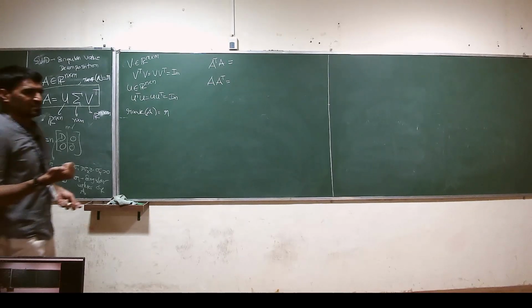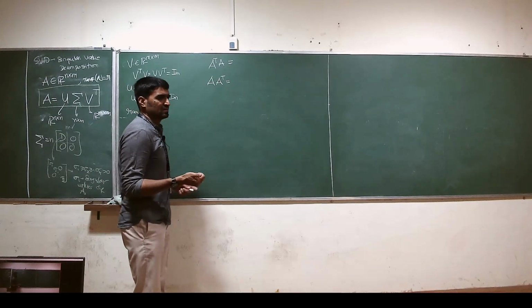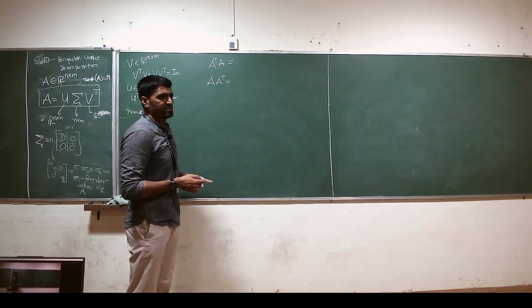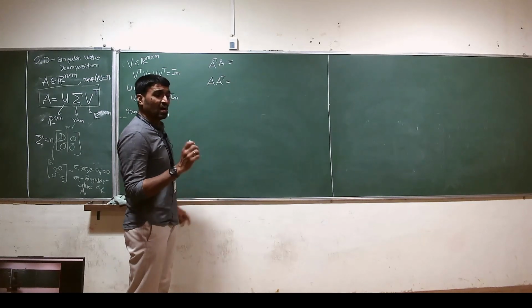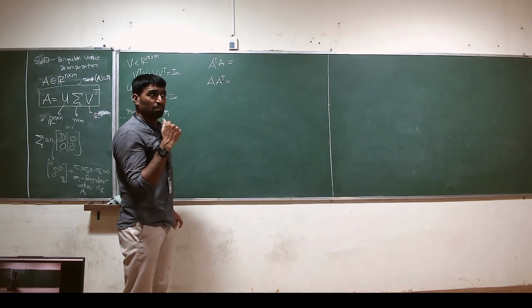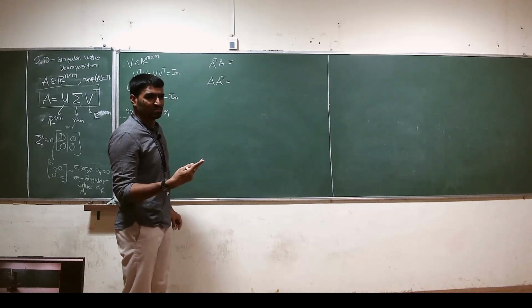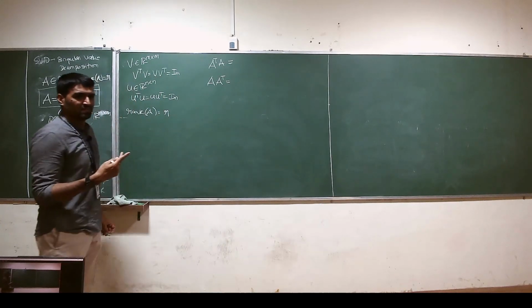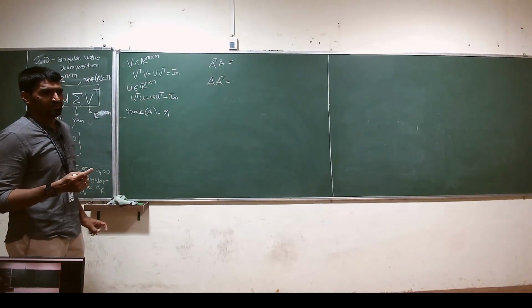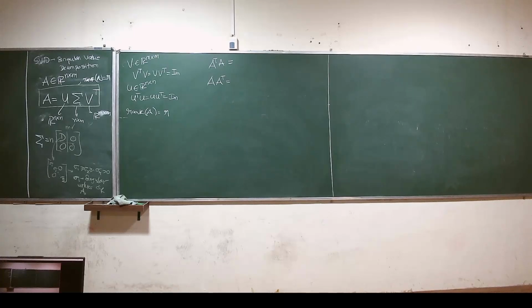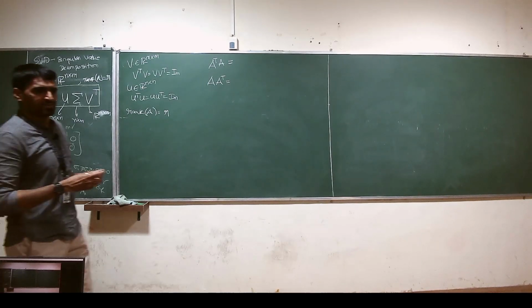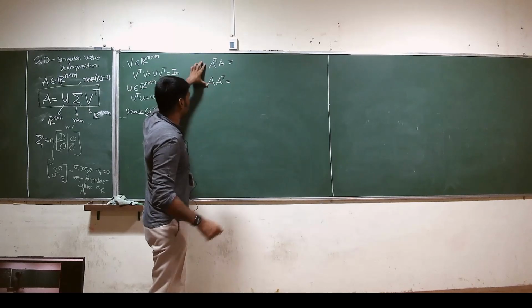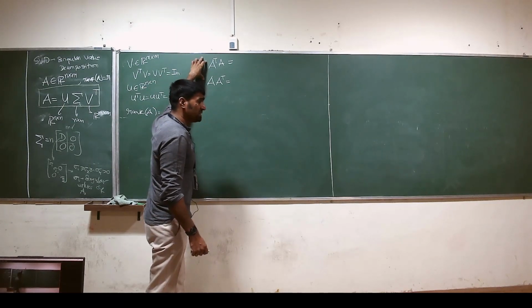Eigenvectors? Orthonormal, okay. Are these two positive definite or positive semi-definite matrices? We did the problem yesterday, so these will be positive semi-definite.